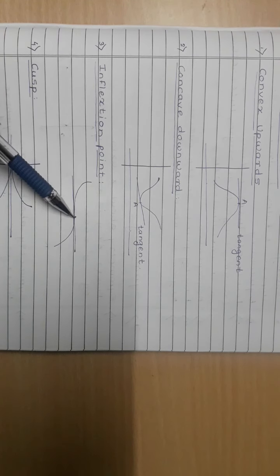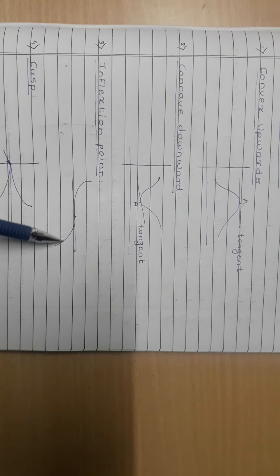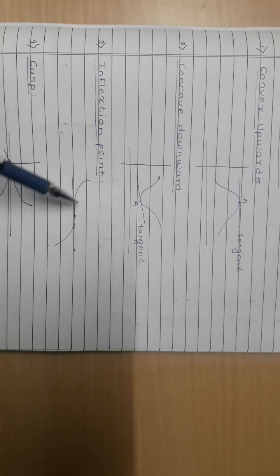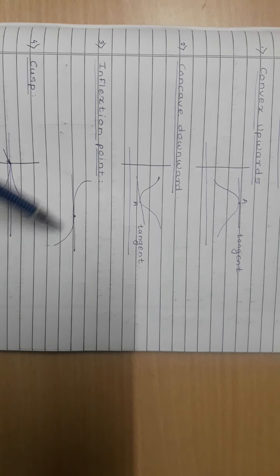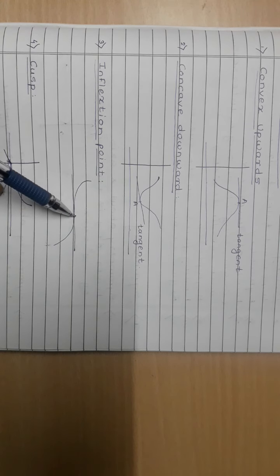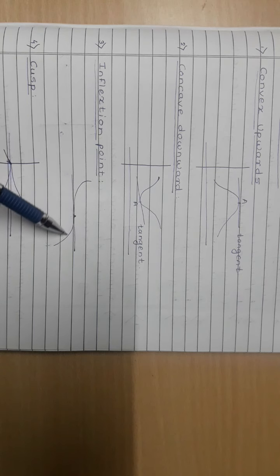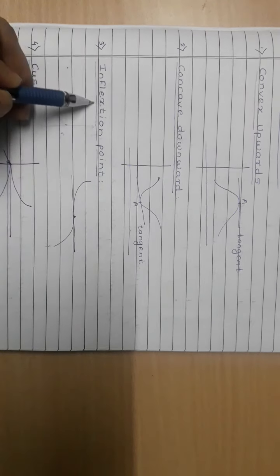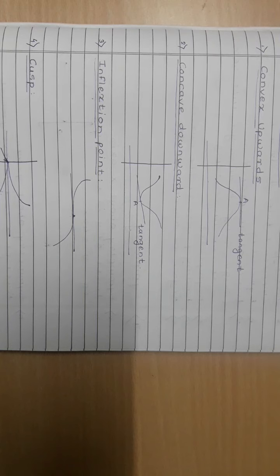So at this point the curve is changing its nature, right? I can also see that the slope of this curve at this point is changing from positive to negative. So the point at which the curve changes its nature is called the inflection point.